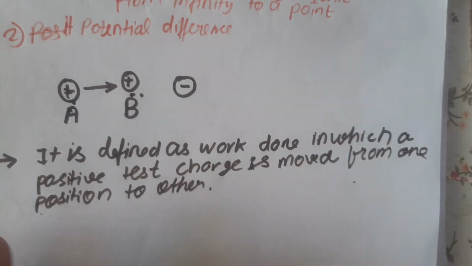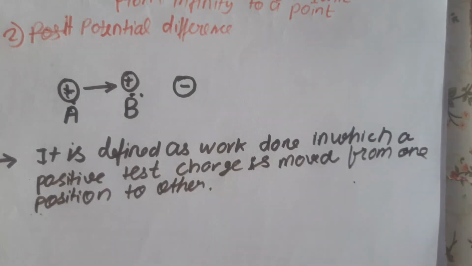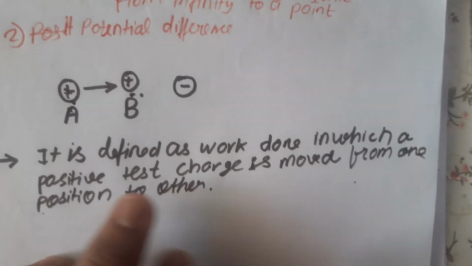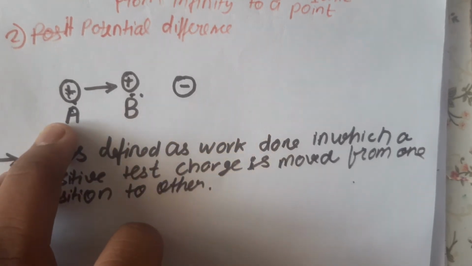So you might be thinking that this definition is a bit ambiguous and we can't understand it properly. Don't worry, I'll explain everything. This is a negative charge and this is a positive test charge.